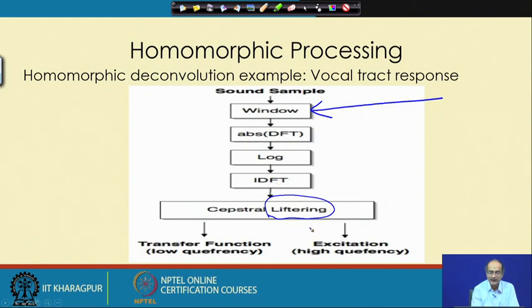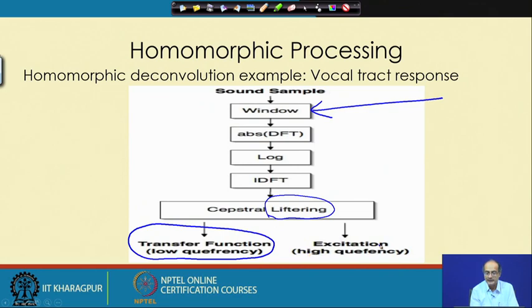So, we have just removed that and then go for the filtering in the Cepstral domain, what is called the Cepstral liftering, and we are separating the two parts. One side is the transfer function, which is a low frequency part. Why low frequency? Because the change in the vocal tract is slow. We cannot change it very quickly, and thereby the transfer function is a slowly changing signal.